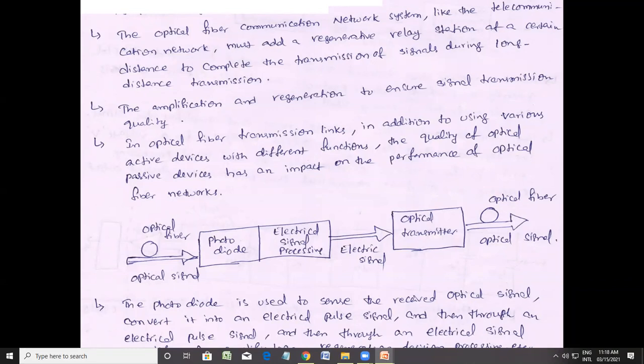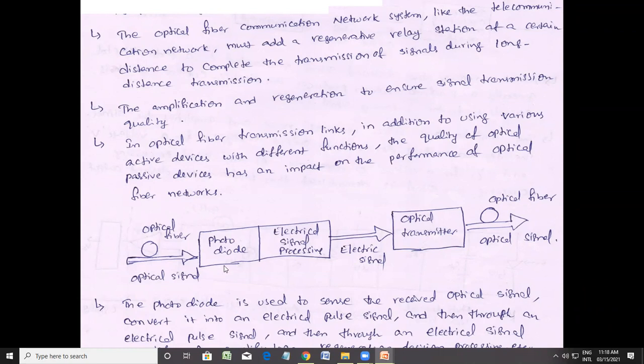That's why we must convert from optical to electrical first. Then the second block, electrical signal processing, is nothing but amplification. Then it is again converted from electrical to optical signal, and transmitted through the channel.